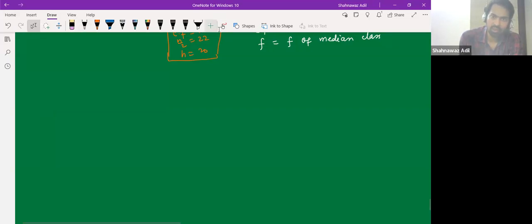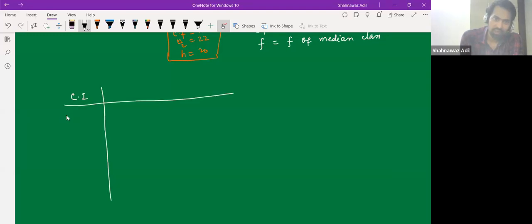It's not. So in some cases, the class interval would be given like this: less than 30, less than 50, less than 70, less than 90, and less than 110.